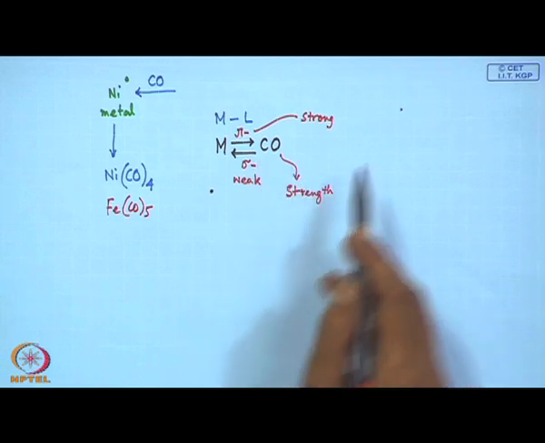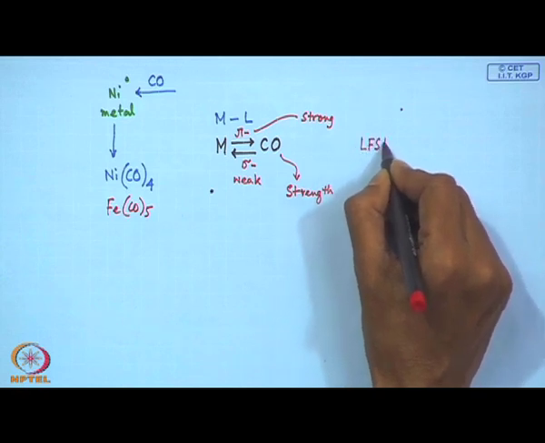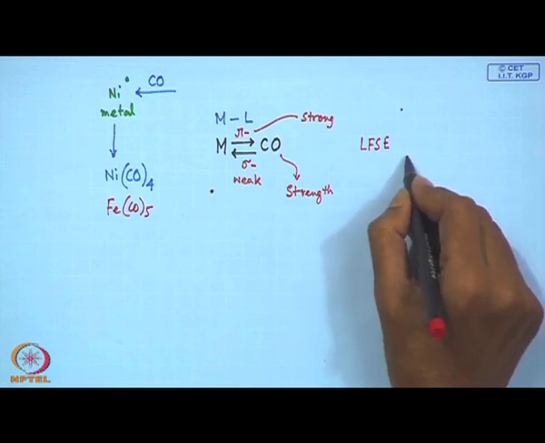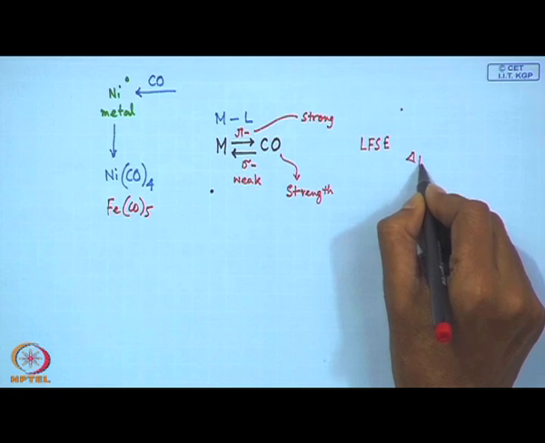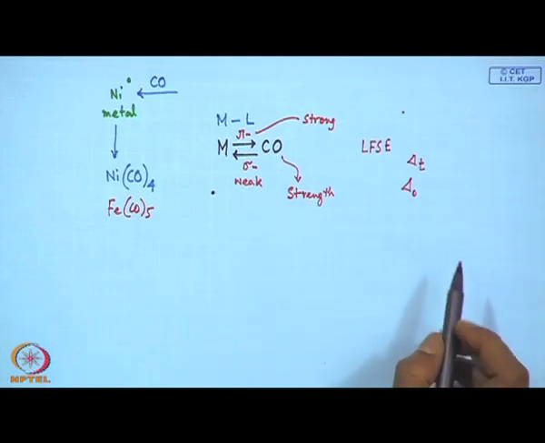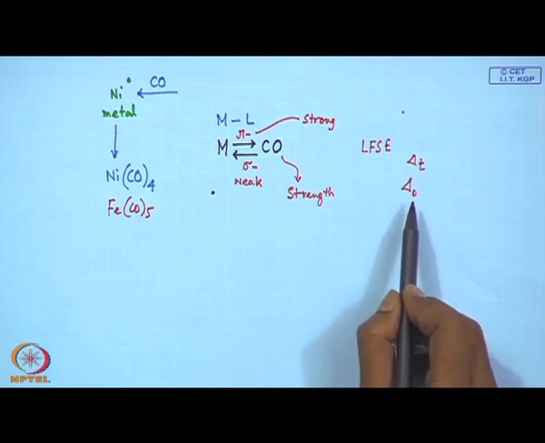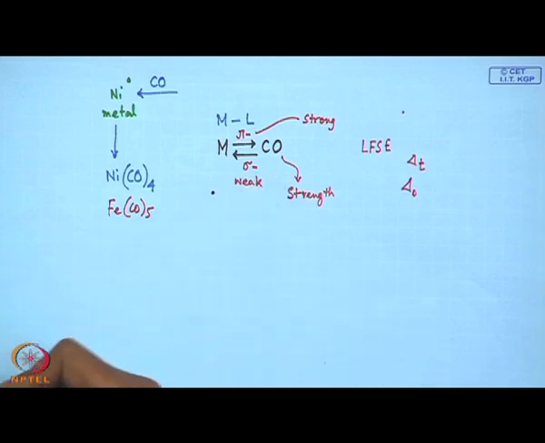The corresponding ligand field splitting and ligand field stabilization energy, delta tetrahedral or delta octahedral depending upon the symmetry, will be bigger due to the strength of the carbon monoxide molecule.